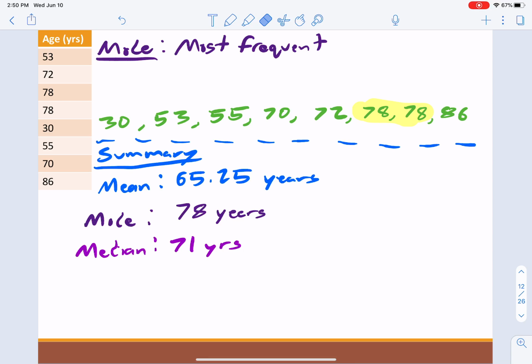And then the mean, I say, okay, well, the expected value, if you were to go up to anybody in Congress or anybody in the House of Representatives or wherever, and you were to point at them and say, I think that you're 65.25 years old, well, you probably would be somewhat correct. You would be in the ballpark, we would say. But you still have a chance of being wrong, and you have a chance of being really, really wrong, right?